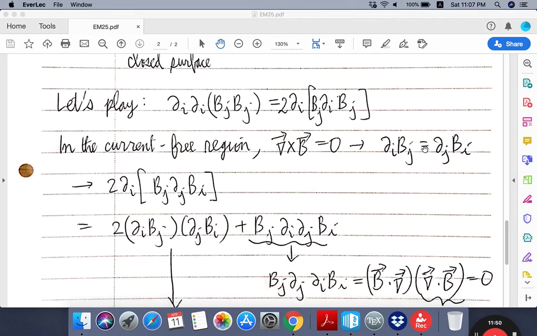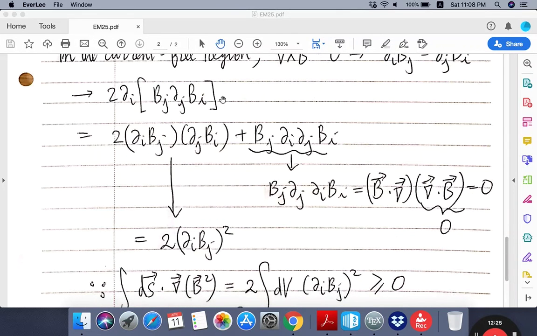Because if you take the difference of the two, that's just one particular component of the curl, and in free space, that curl is 0. So you can freely interchange the two indices as shown here. By virtue of this identity, you can replace this derivative ∂_i B_j by ∂_j B_i.